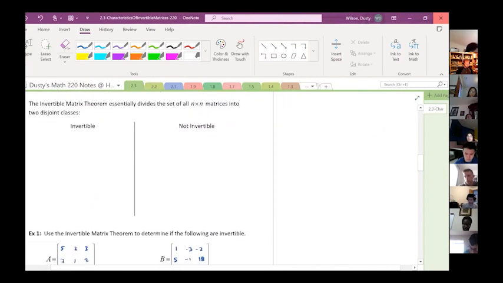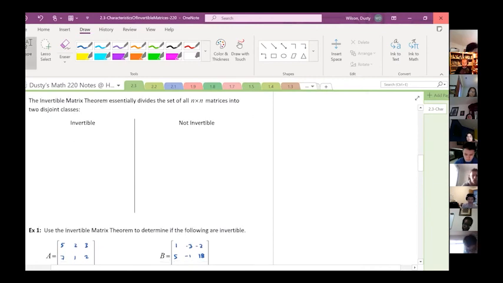So I want to focus a little bit on what this invertible matrix theorem does in dividing matrices into two types. There's two types of matrices in the world. There's the invertible ones, and there's the not invertible ones, the singular matrices. Singular, I can't spell. So it's singular on one side, and then what is it on the other side?